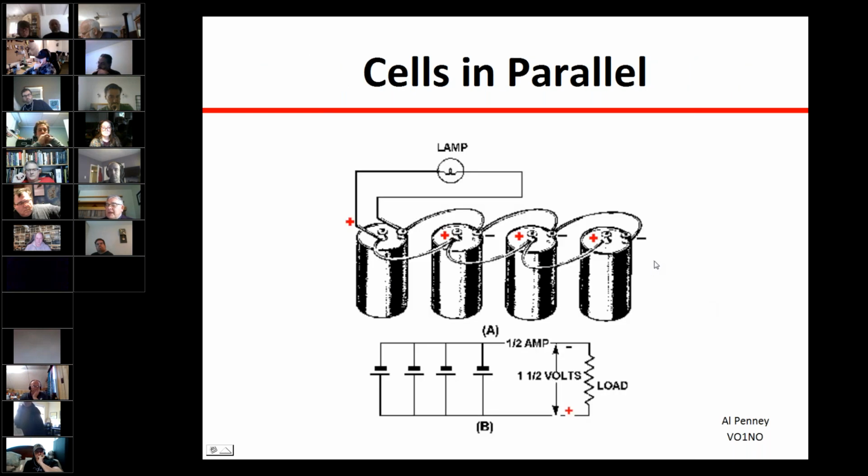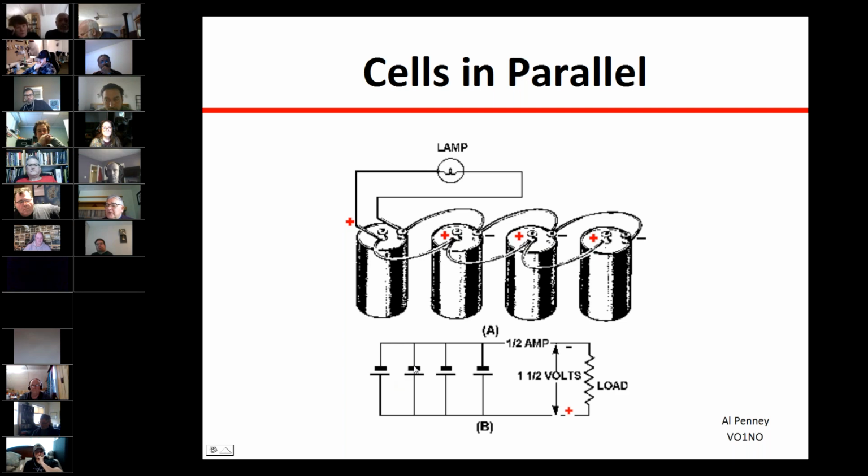This is what a schematic of it would look like. We've got our lamp, that's just a symbol for a lamp. We've got our 4 batteries right here, and they're in parallel, so positive to positive to positive to positive to one side of the lamp, and the negative terminal to the negative terminal to the negative terminal to the negative terminal to the lamp. And this is what it would look like here.